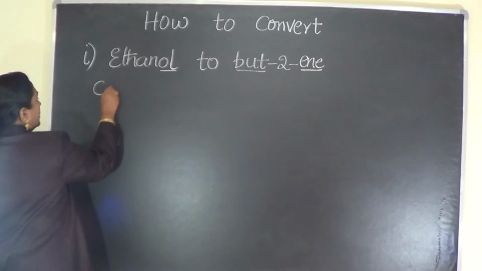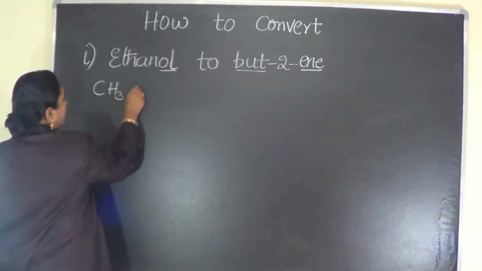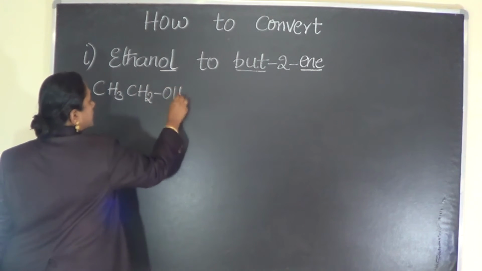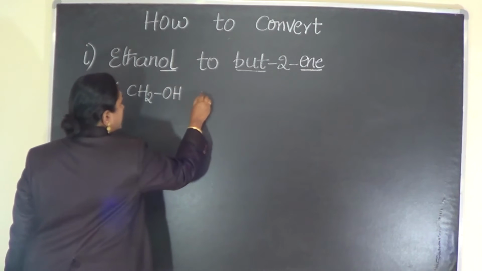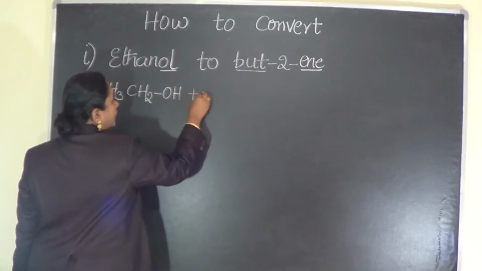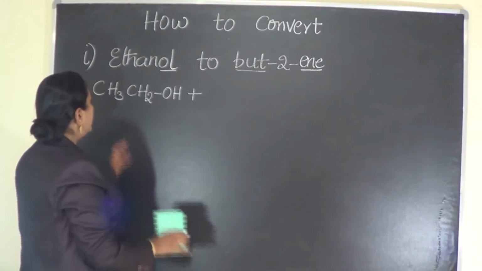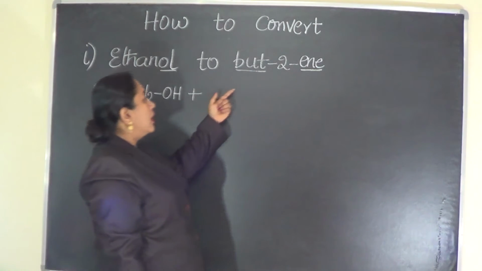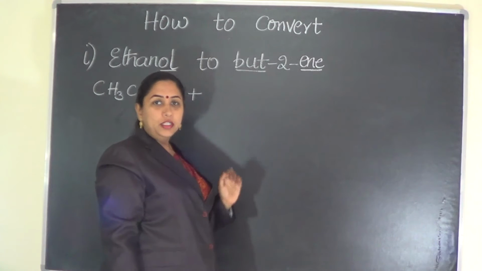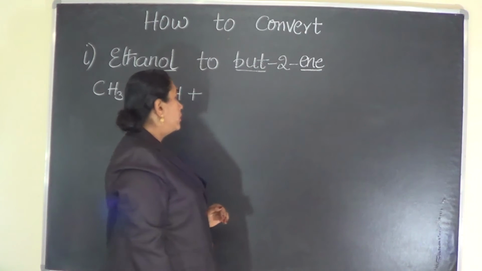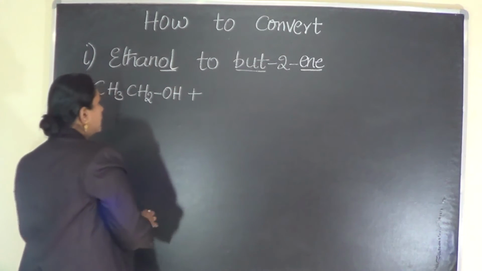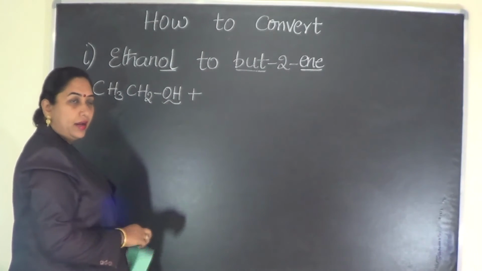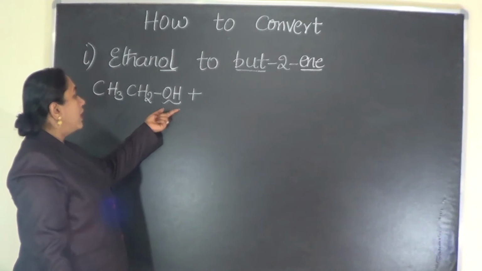Ethanol, as we have understood, contains only 2 carbon atoms. The first step is to convert the 2 carbon atom compound into a 4 carbon atom compound. That means we have to carry on the process of ascent of series. For that to happen, we want an alkyl halide. But in this case, we have alcohol.